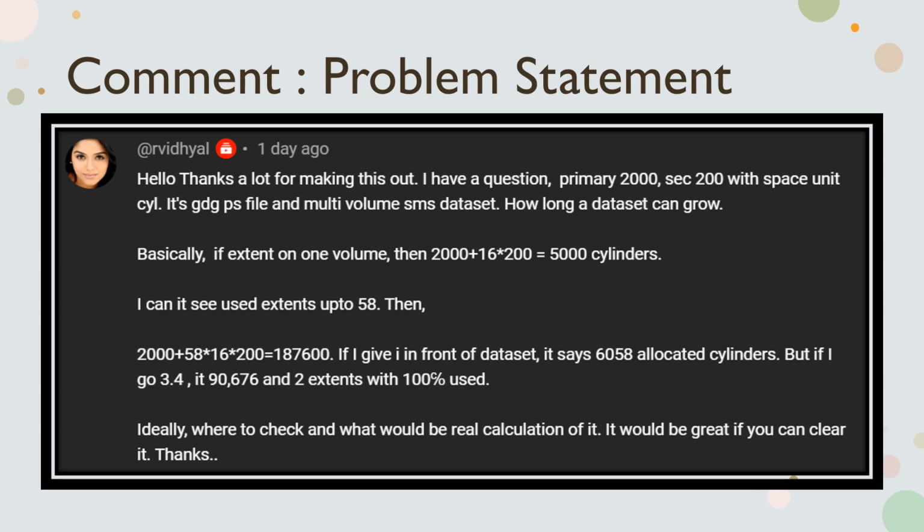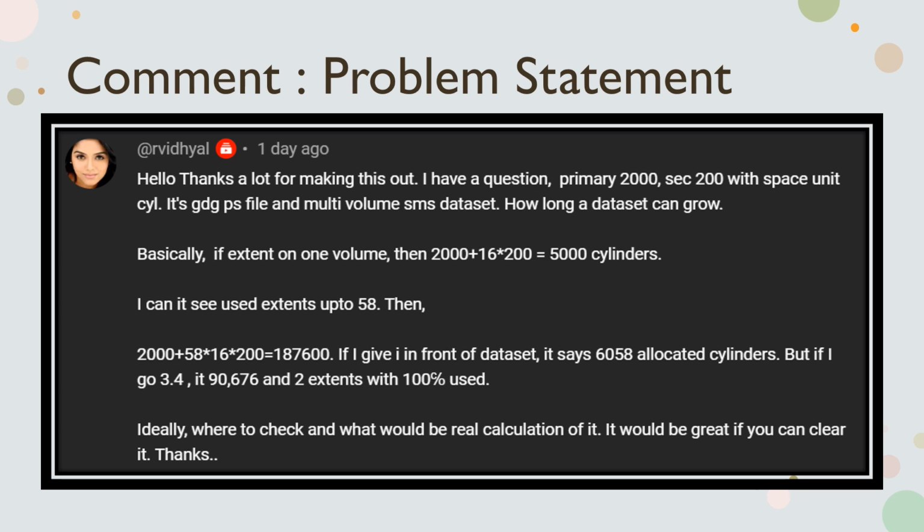Basically, if extents on one volume, then 2000 plus 16 into 200, which could be 5200 cylinders. Okay, I can see it used extents up to 58. Then 2000 plus 58 into 16 times 200 is 1,87,600 cylinders.